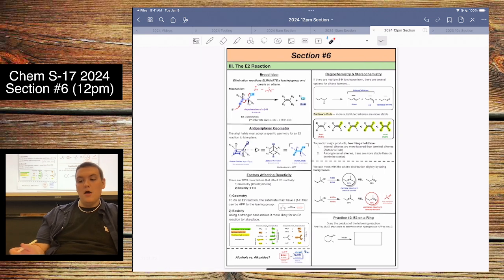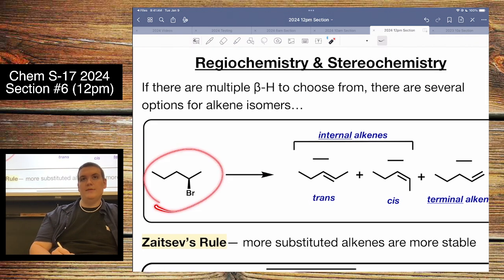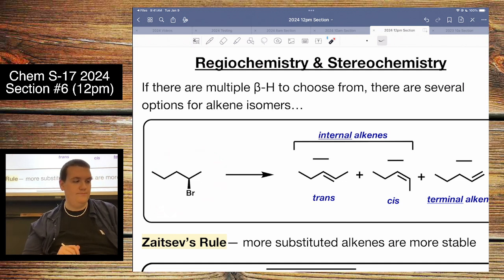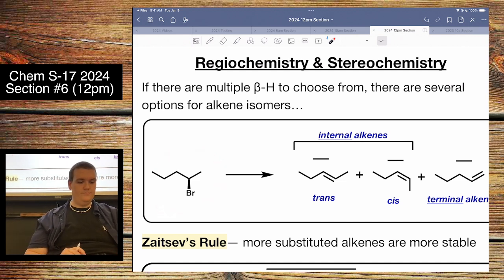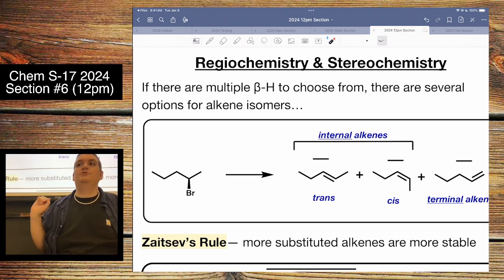Cool. Okay, let's talk regio and stereochemistry for E2. So I want you to take a second, look at this molecule, and identify how many beta hydrogens we have on it. Once you have your answer, show me with fingers: 1, 2, 3, 4, 5.